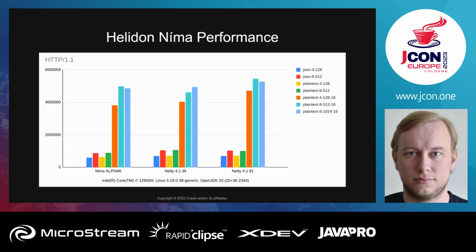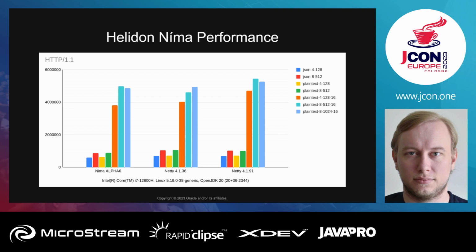This is currently the latest release in Maven, so if you would like to test it, just take a look into Maven for this version. And as you can see, we are comparing Nima with Netty at, let's say, a slightly older version, but nothing too serious, and with a really new one.